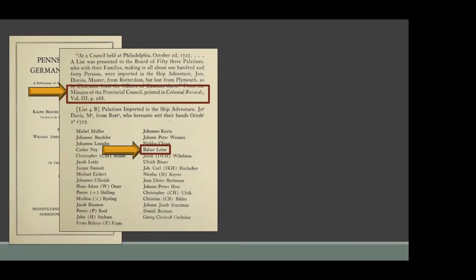Now remember, we're following this trail involving the name or the spelling changes.